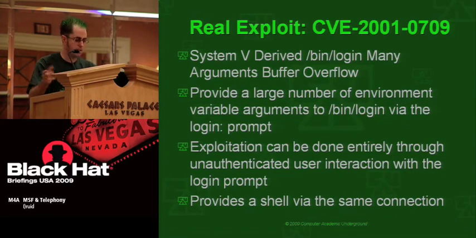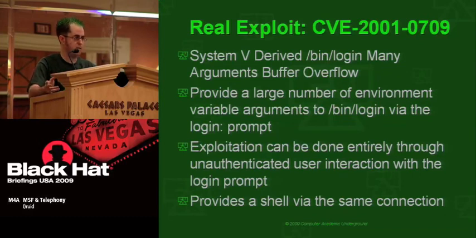So the way this bug works is you provide a large number of environment variables to bin login via the username login prompt. So you put login, username, and then you can define environment variables after that, which bin login will set up as a predefined variable name with an incrementing value on the end. I don't remember exactly what it is.